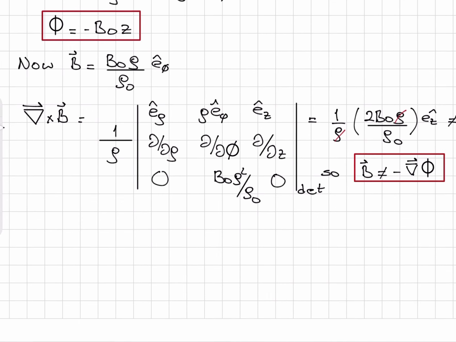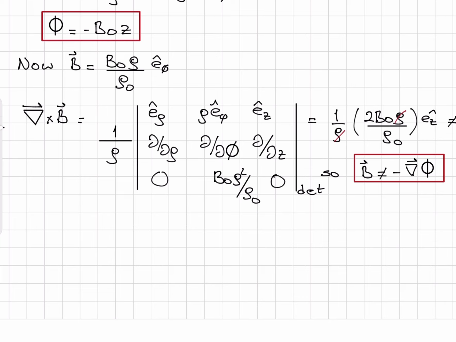On the other hand, if I look at the divergence of the magnetic field, divergence of B, this is 1 over the product of the scale factors, which is 1 over rho. Then I have the partial derivative of h phi h z, which is rho, B rho with respect to rho.